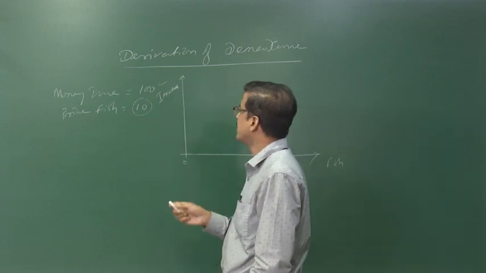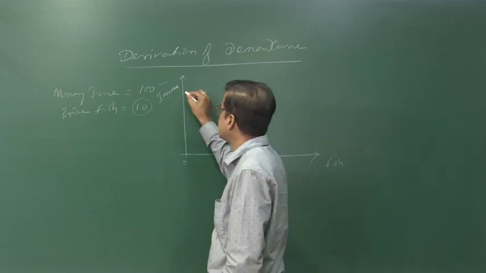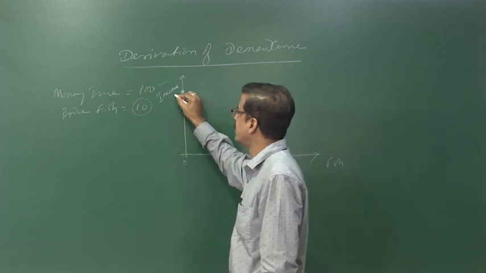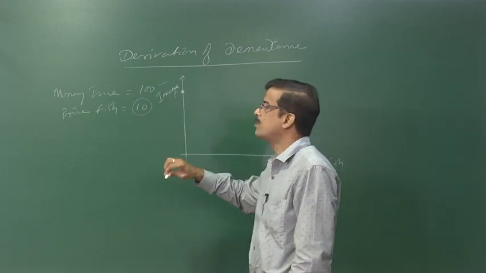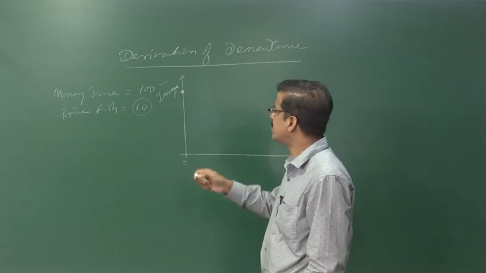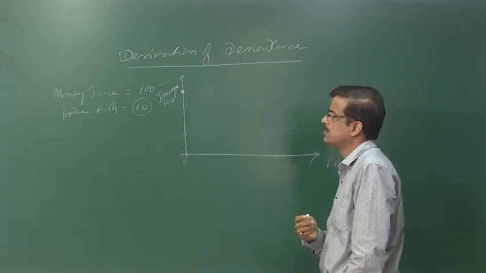Let us say the consumer has 100 rupees of money income. At that particular point, let us say it is P, OP is the amount of satisfaction that we obtain, the same thing as 100 rupees, let us say depicting it as 100 rupees.